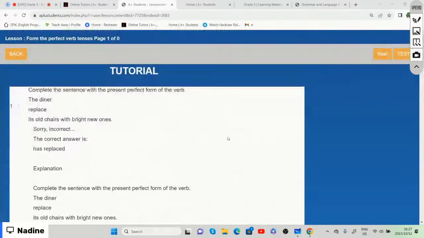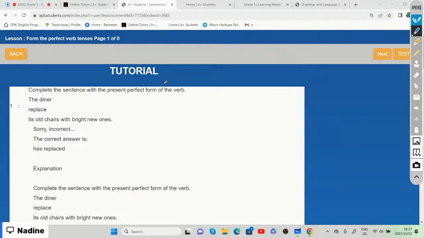All right, so we can basically say the diner has replaced. So we say the diner has replaced its old chairs with bright new ones.